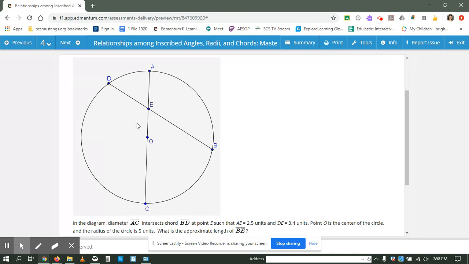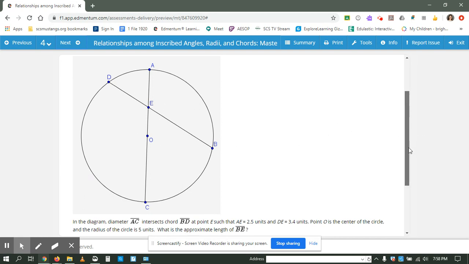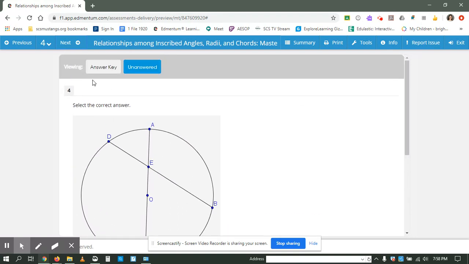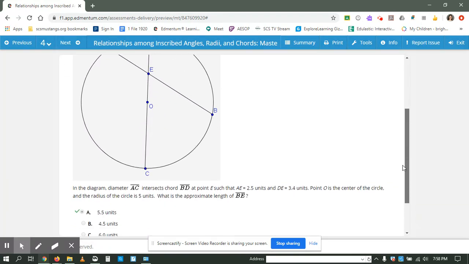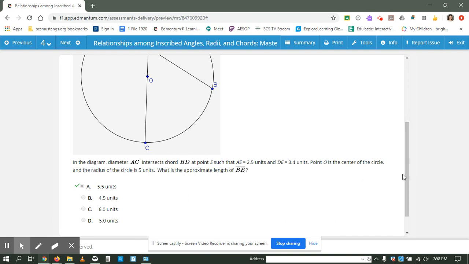So that's not enough. We need more information. The lesson may have walked you through how to do that, but that's not a level that I would expect you to be able to do that question. So looking at this one, the answer is 5.5 or A.